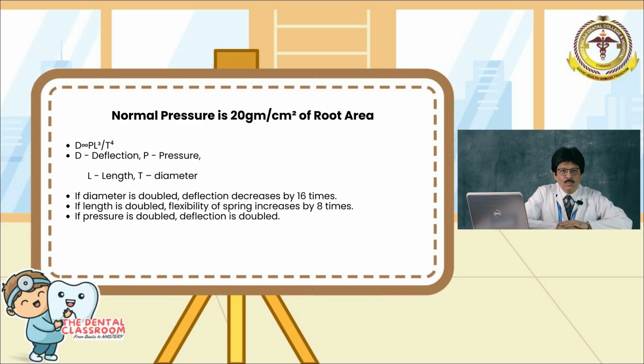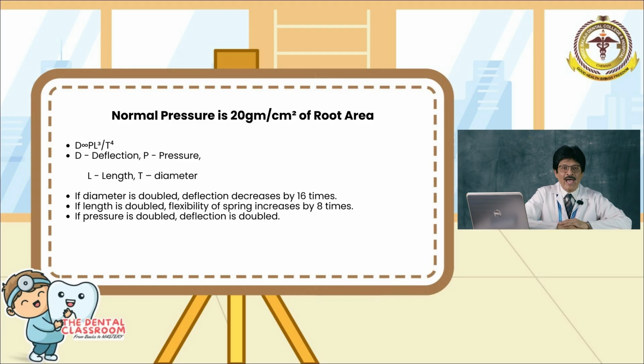We all know that the normal pressure which is given to a tooth should be around 20 grams per square centimeter of root area. If you give a little bit more force, then you're going to have something known as undermining resorption. So we prefer frontal resorption during the tipping movements which are produced by the removable appliance.